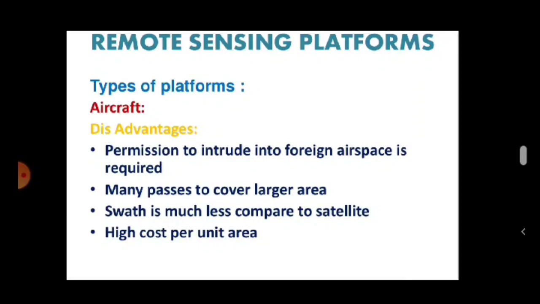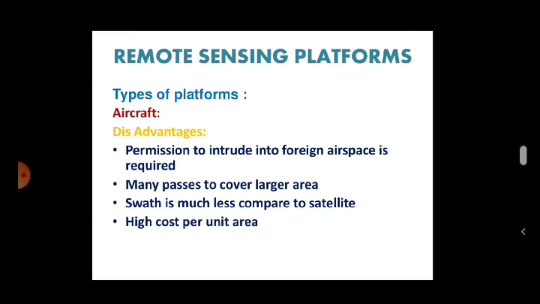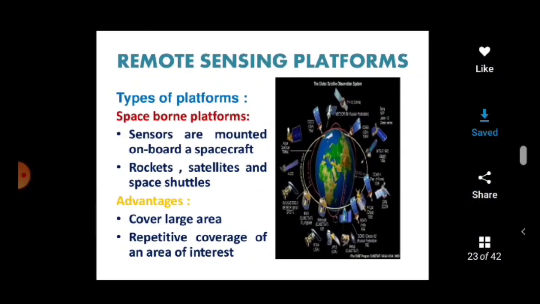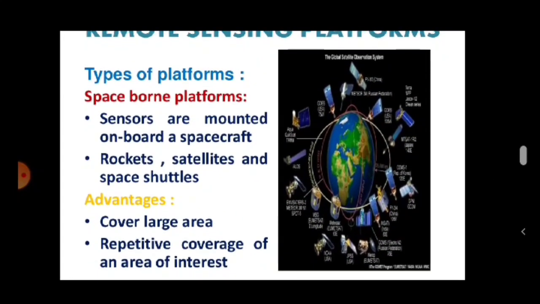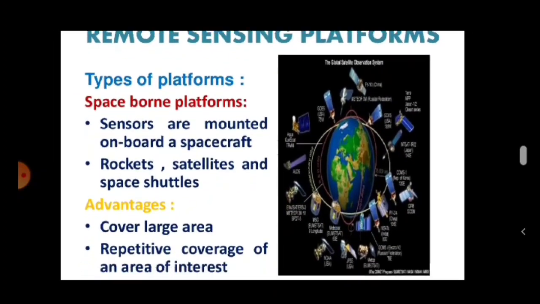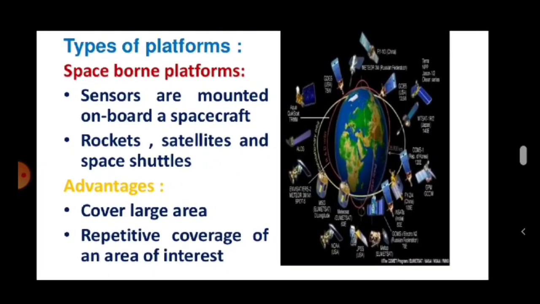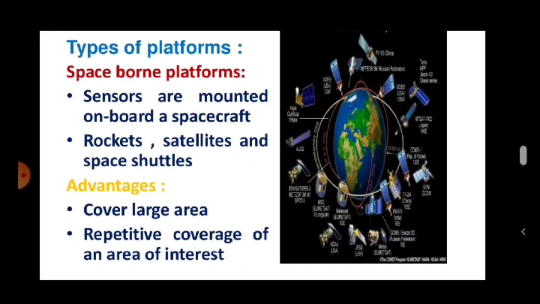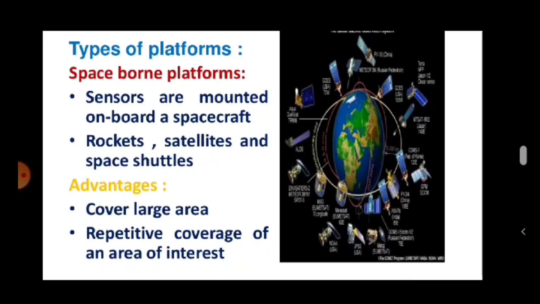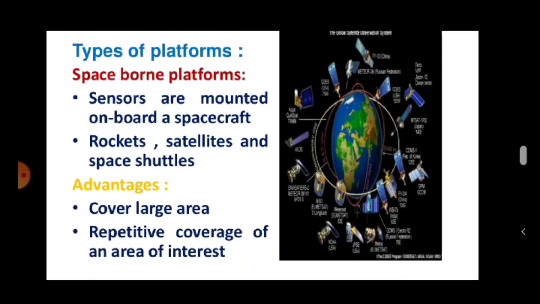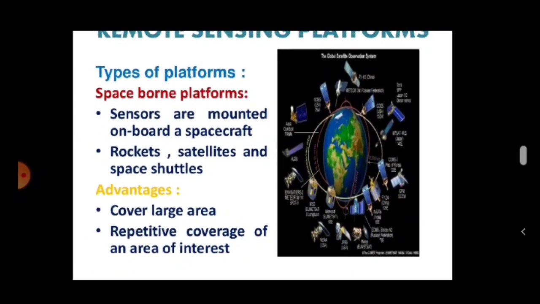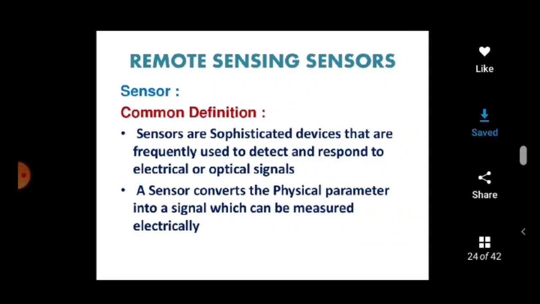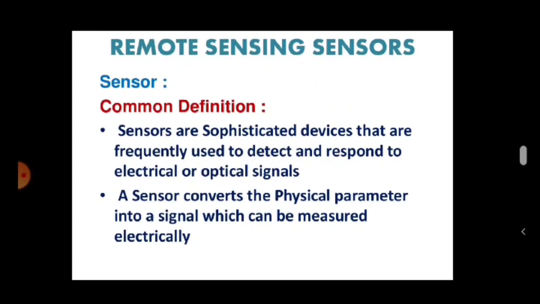High cost per unit area is another disadvantage. When it comes to spaceborne platforms, sensors are mounted on spacecraft, rockets, satellites, and space shuttles. They cover large areas of course, and repetitive coverage is possible. Then we can focus on these types of sensors.